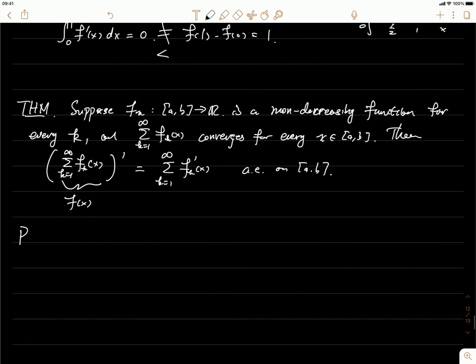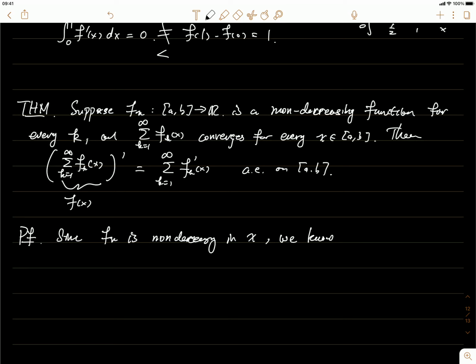Okay, let's see how to prove this. Since this f_k is non-decreasing in x, we know that according to the Lebesgue theorem above, if the function is non-decreasing, this function is differentiable almost everywhere, and we also know the derivative is bounded by f_k of b minus f_k of a.